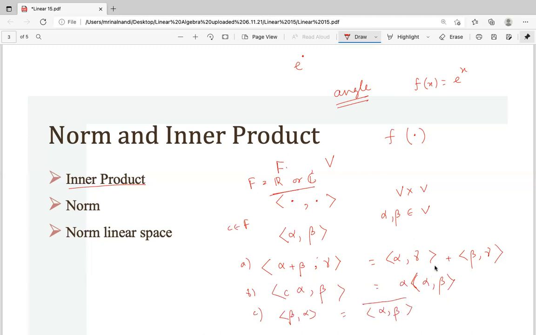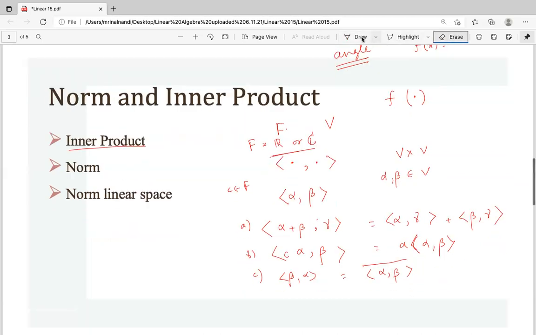If it's real, there is no need of the conjugate, since the conjugate of x is x. The last one is that the inner product of alpha with itself is always positive if alpha is not equal to 0. For 0 it is 0; you can prove that the inner product between 0 and 0 is 0 using property A.